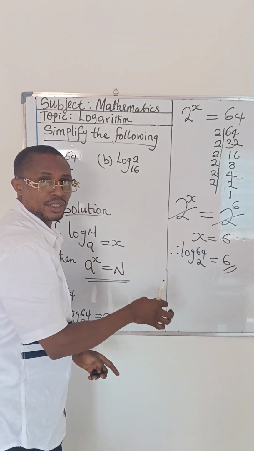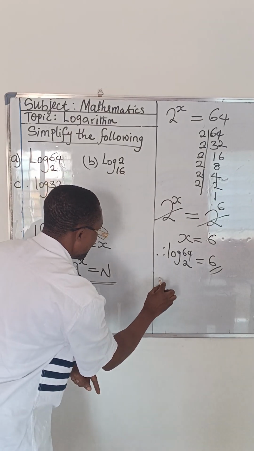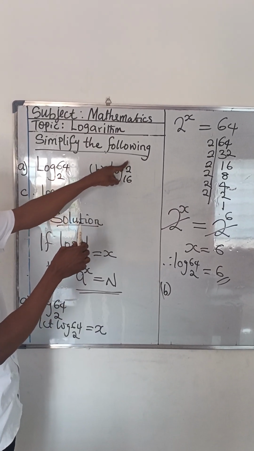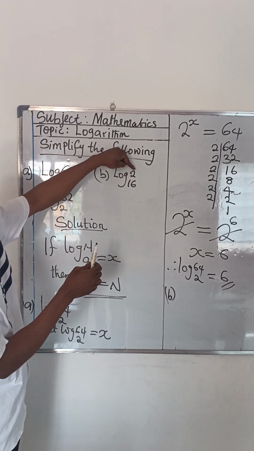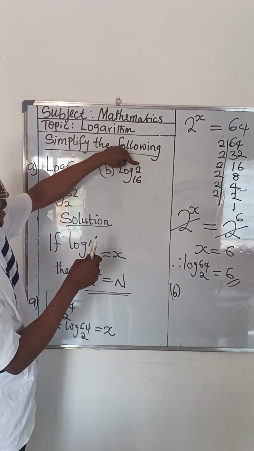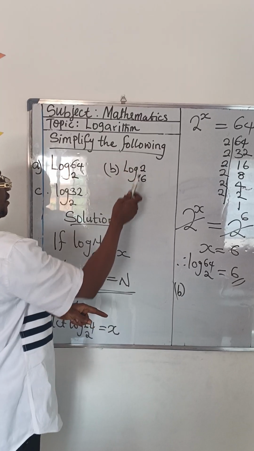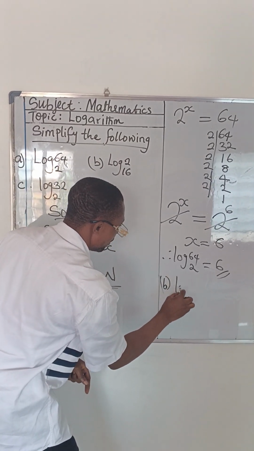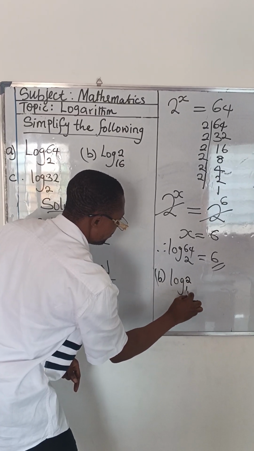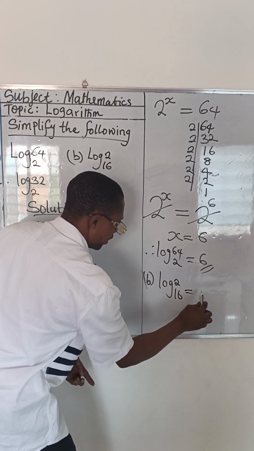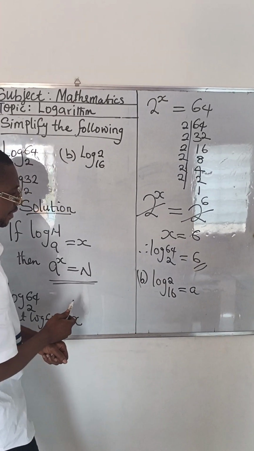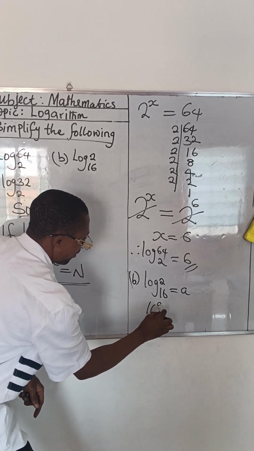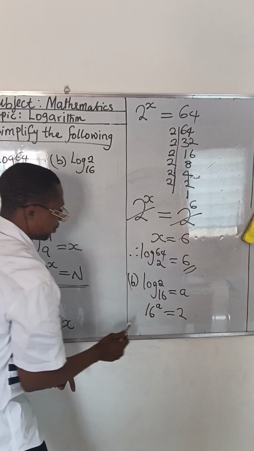Now, number B. The question here says, this one now, you can see that the one that had index has come down as a base, while this one has come as the number in the logarithm. So still the same thing you do. You say log 2 base 16 equals, let's call it another alphabet, A. Therefore, 16 to the power of A equals 2.